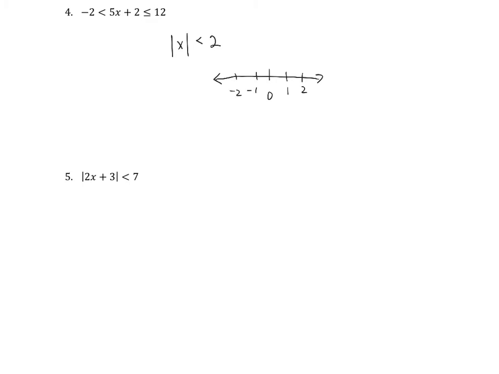This x has to be within 2 units of 0. So that could go this way, right? It could go all the way over here up until 2, but 2 units away could be to this side as well, right? So everything within this boundary would be within 2 units of 0.